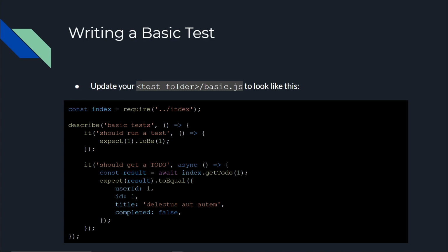Okay, I think the Jest equivalent would be toEqual. I'm pulling up the docs on it now. Yes, here we go. That is correct. So equal in Chai is the same as toEqual in Jest. They both use the strict equality operator, the triple equals operator.